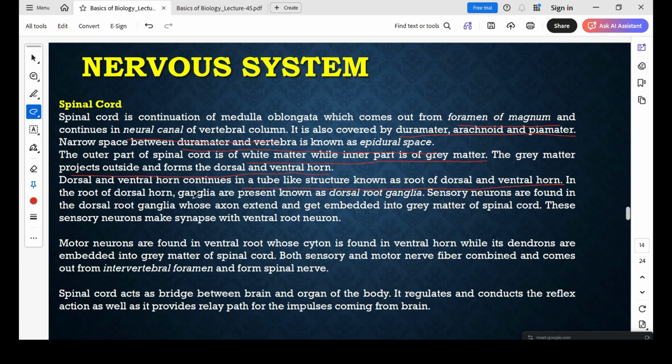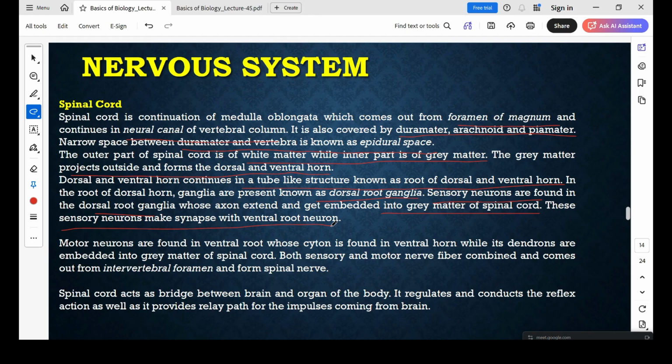This root has ganglia present in them known as dorsal root ganglion, and sensory neurons are found in this dorsal root ganglion, and the axons of these neurons extend and get embedded into the gray matter of the spinal cord. These sensory neurons make synapse with the ventral root neuron.